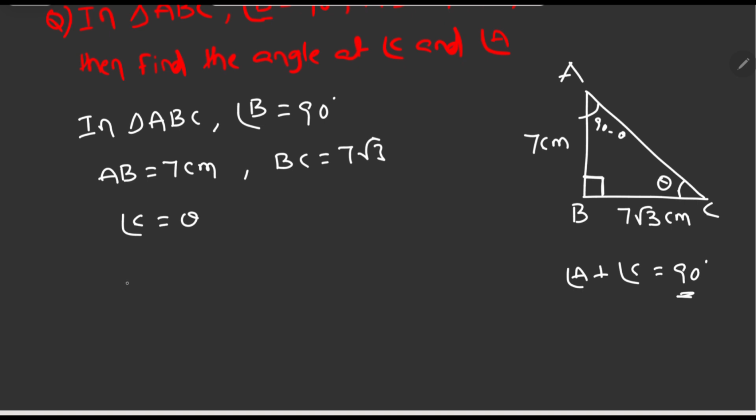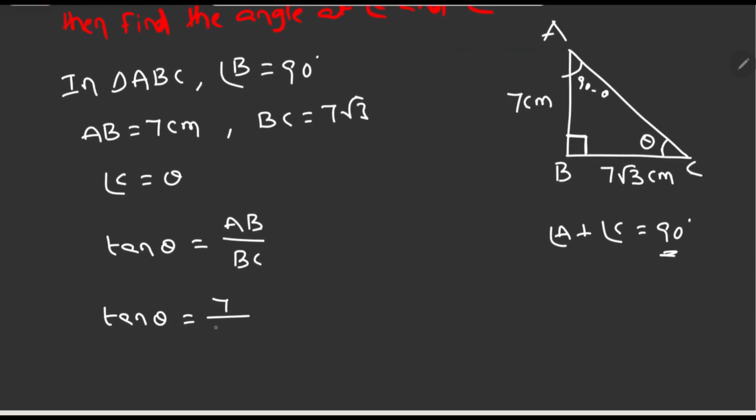So I am taking, so tan theta value is equal to opposite by adjacent, that is BC. So tan theta is equal to, what is the opposite there? 7 by 7 root 3.